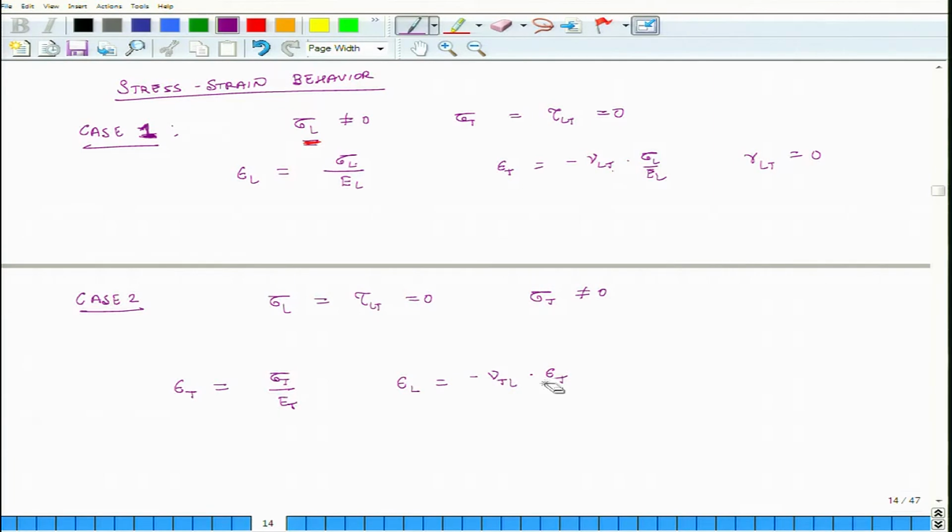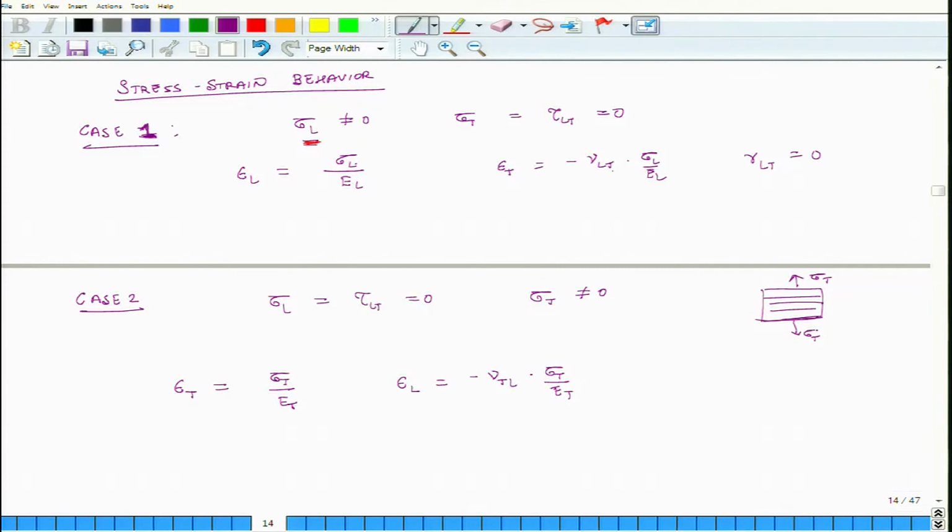Sigma T over ET. So, I will just erase this and replace it by this. So, it is sigma T over ET, and once again, how are we loading it? My fibers are like this and I am loading it in the transverse direction.